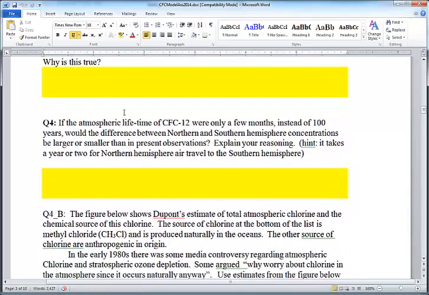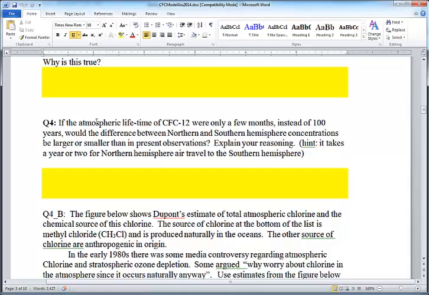Here's one that you do need a little bit of a hint on. If the atmospheric lifetime of CFC12 were only a few months instead of 100 years, would the difference between the northern hemisphere and southern hemisphere concentrations be larger or smaller than the observed present observations? Okay, here the idea is right now air mixes from the northern hemisphere to the southern hemisphere, and a little bit of the CFC level is lost during the time it takes to mix over from the northern hemisphere to southern hemisphere, which is usually taken to be about a year.